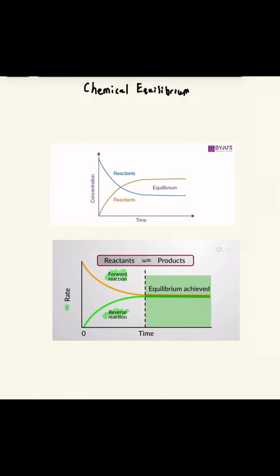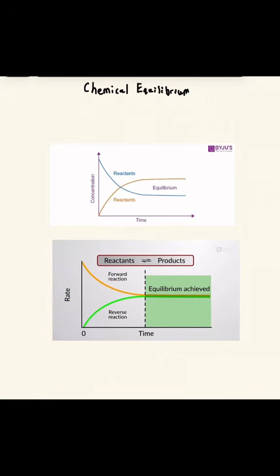Now, this is the rate on the y-axis. So the point where those rates are the same, which is this section here, represents that equilibrium has been reached. So the point at which the forward reaction and the reverse reaction are at the same rate means that the equilibrium has been reached.